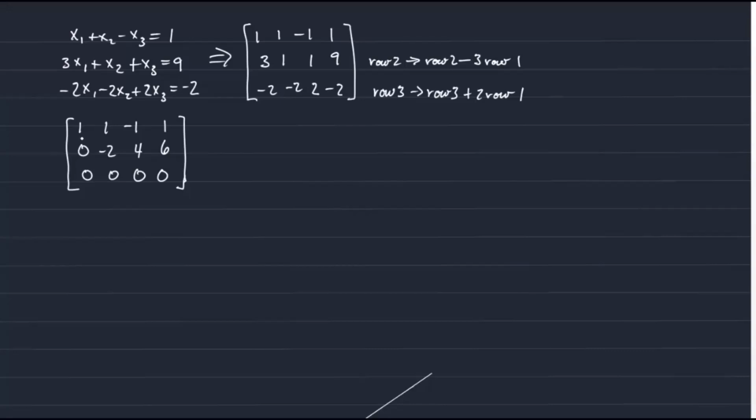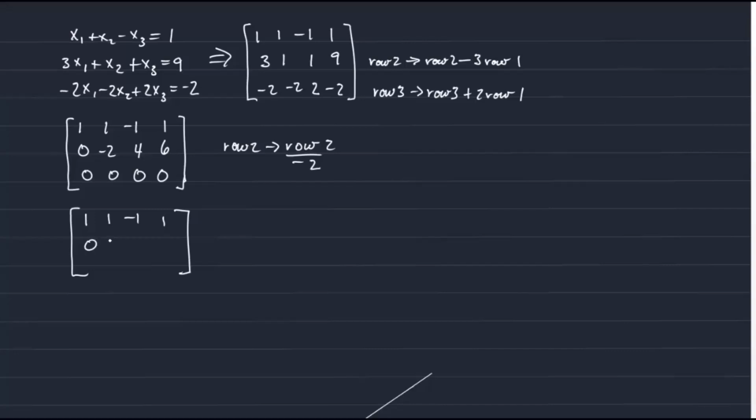We have a lead 1 in the first row, and the first column has zeros in all the other elements. We now need a lead 1 in the second row. So let's take row 2 and divide by minus 2, or multiply by minus 1/2, same thing.